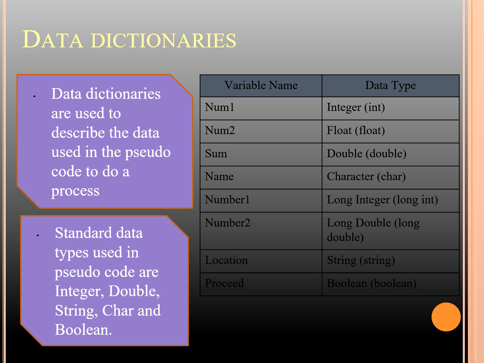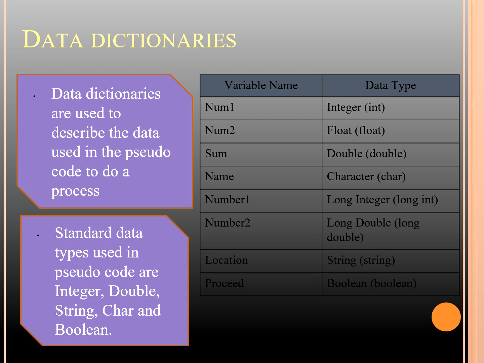So we have here on the right side the visual representation of the variable name with respect to its data type. For num1, integer, shortcut is int. For num2, float. Then for sum, double. For name, you can use character.